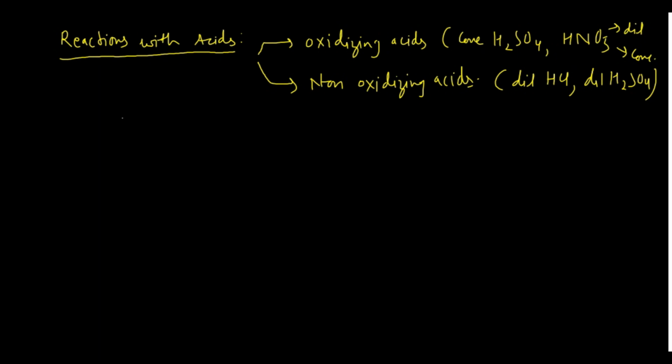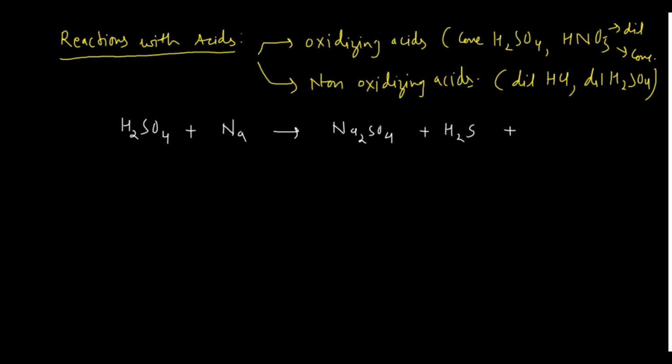So how can they react? For example, you have H2SO4 and you are reacting it with a metal, say sodium. So what will it form? It will form, of course, Na2SO4, sodium sulfate, and you will have H2S gas, right?